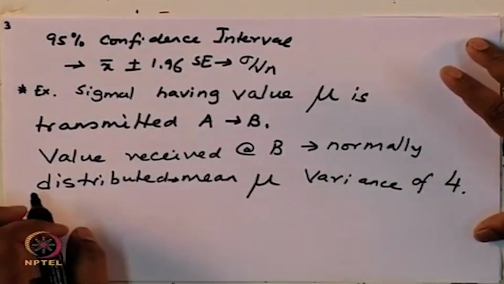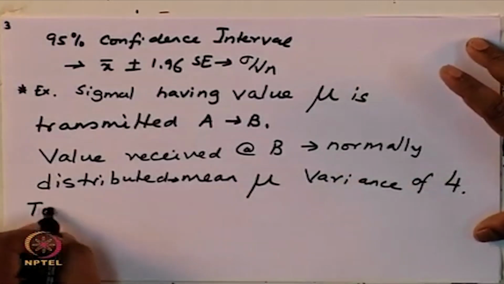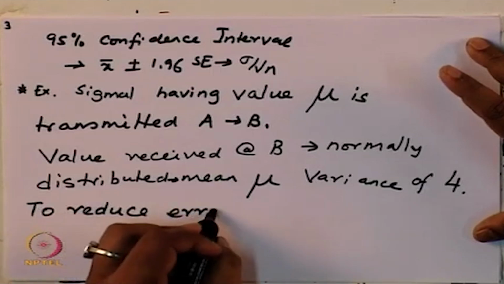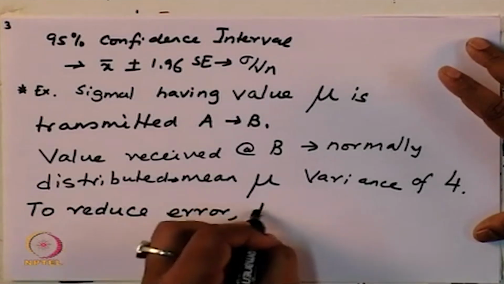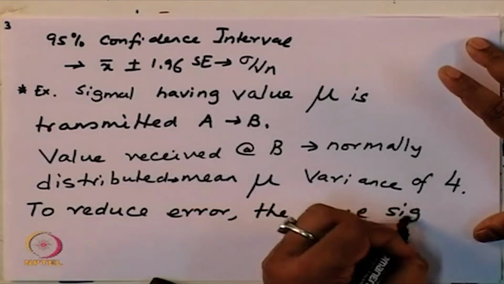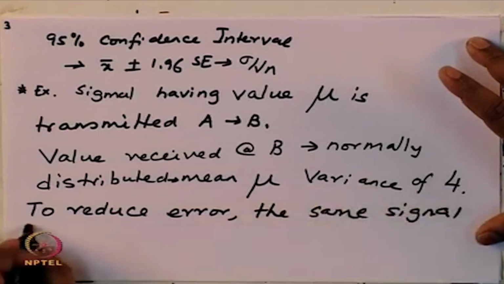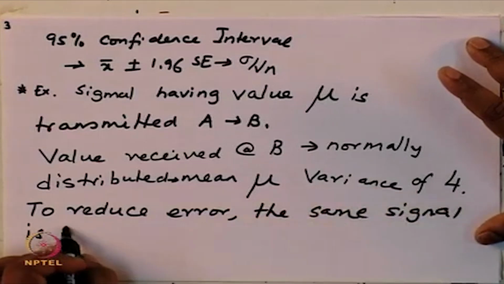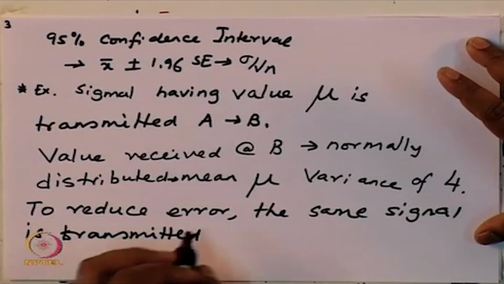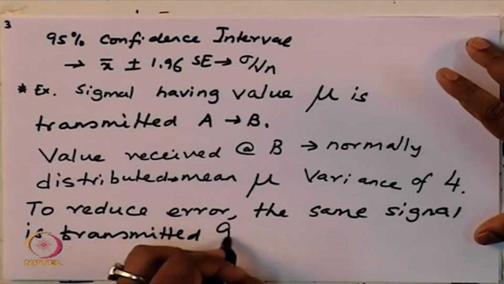To reduce the error, the same signal is sent, or transmitted, 9 times.